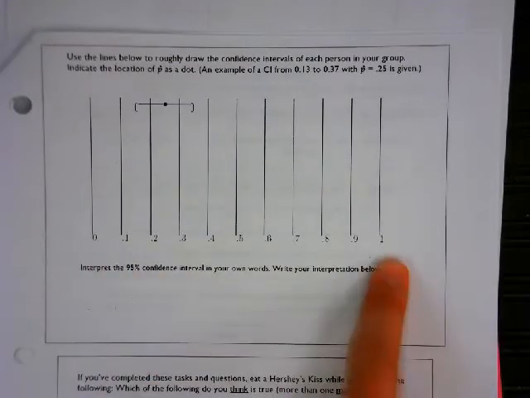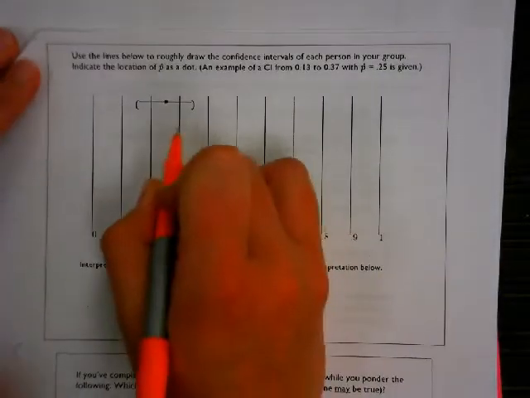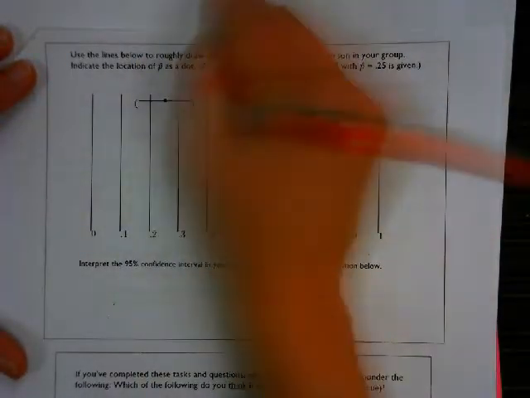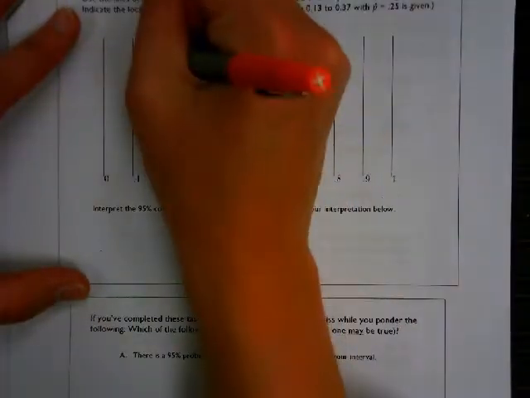My p hat was 0.26, so I'm going to do my best to estimate in between 0.2 and 0.3. My lower bound was about 0.14, which we're going to put in parentheses, and then my upper bound was just shy of 0.4, 0.38.